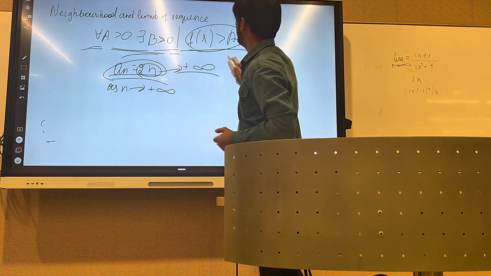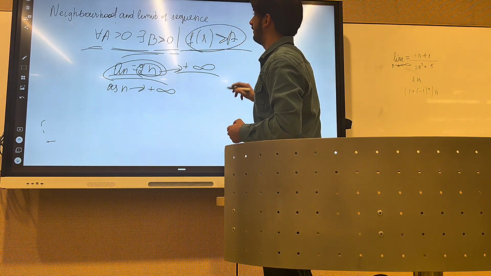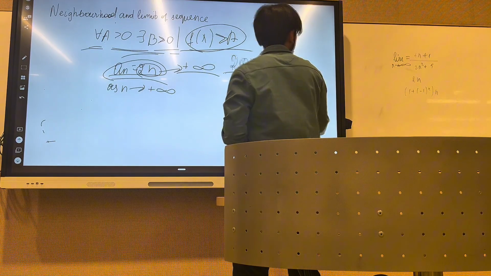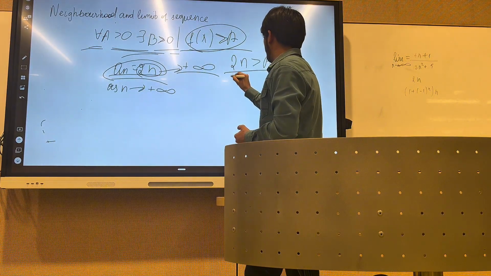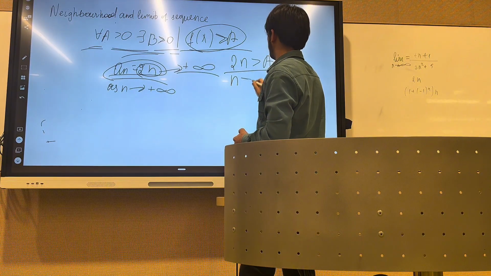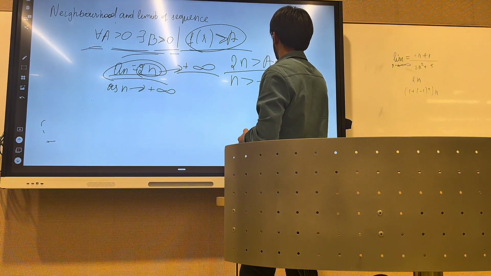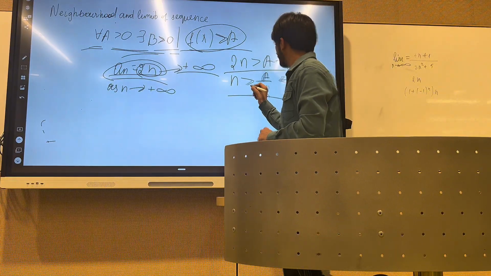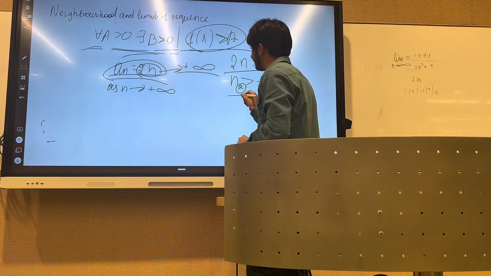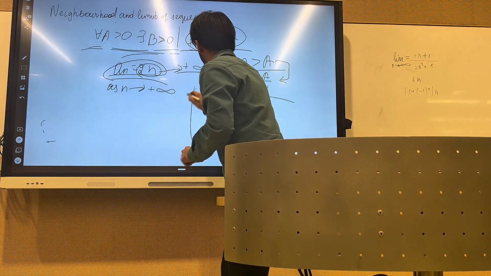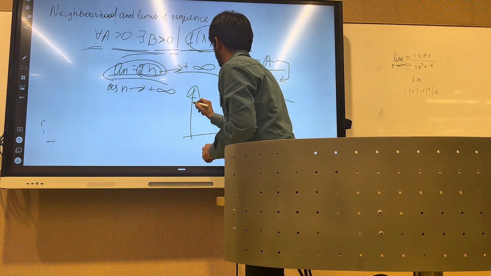What is it there? f(x) is more than A. 2n more than A, right? So, from this, we can express n is more than A over 2, right? Which is our NA, the starting point of that divergence. Graphically, we can show it like that.